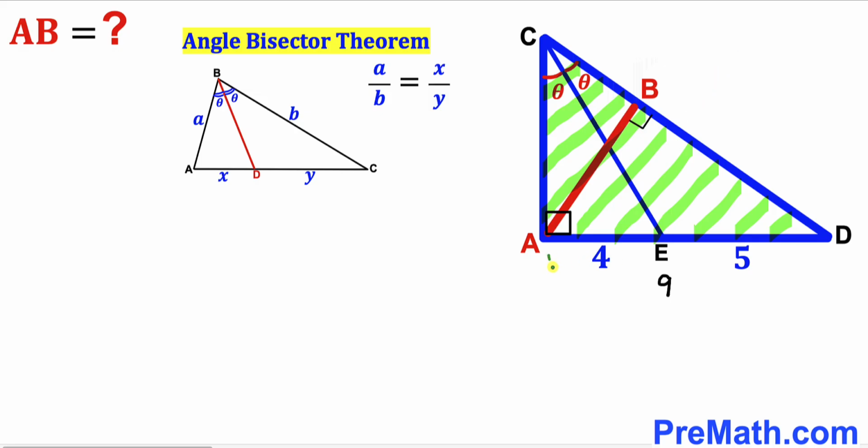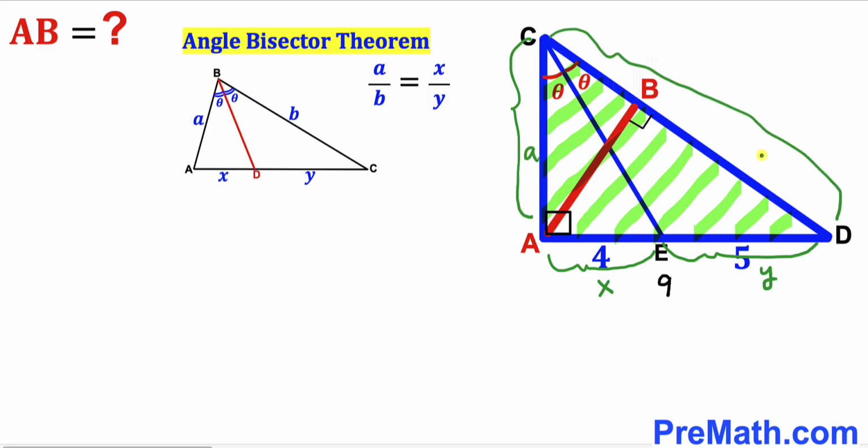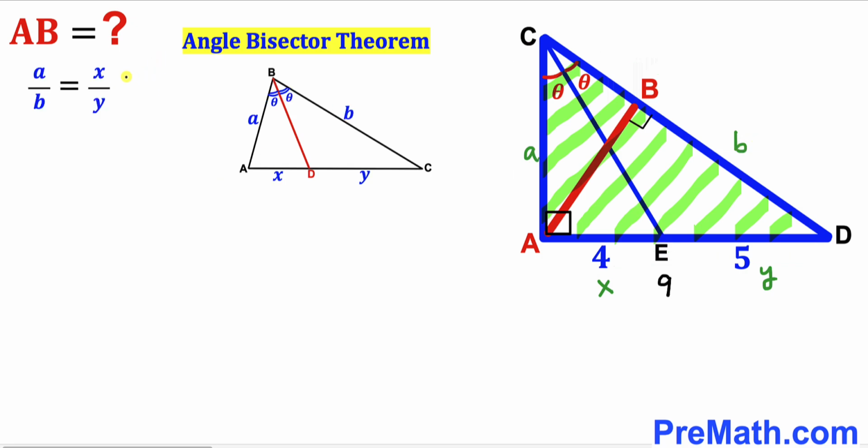If I label segment AE as x, segment ED as y, this side as lowercase a, and this hypotenuse as b, then we fill in the blanks in this proportion. Side AC divided by CD is going to be equal to 4 divided by 5.